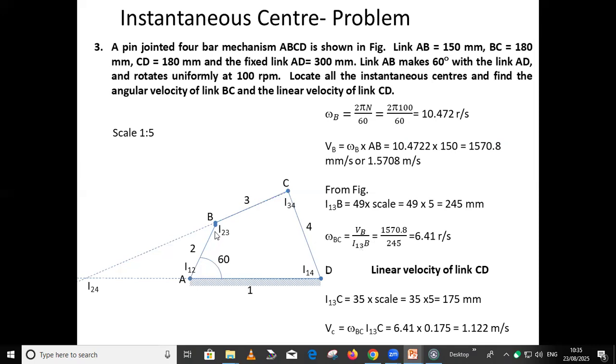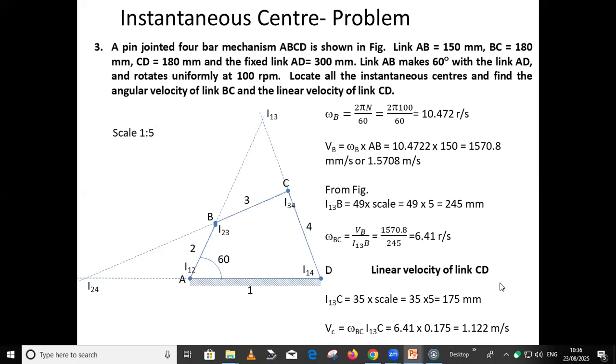So just divide by the I1,3 to B distance to determine the angular velocity of link number 3, that is omega BC. You will get the value 6.41 radian per second. And this will be the I1,3 B distance, that is, relative motion can be determined with respect to that point. V equals r omega, where r is the I1,3 B part, so you get that omega.